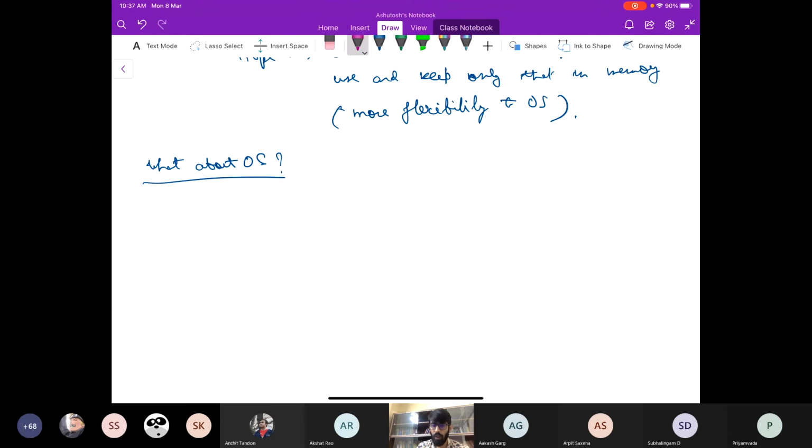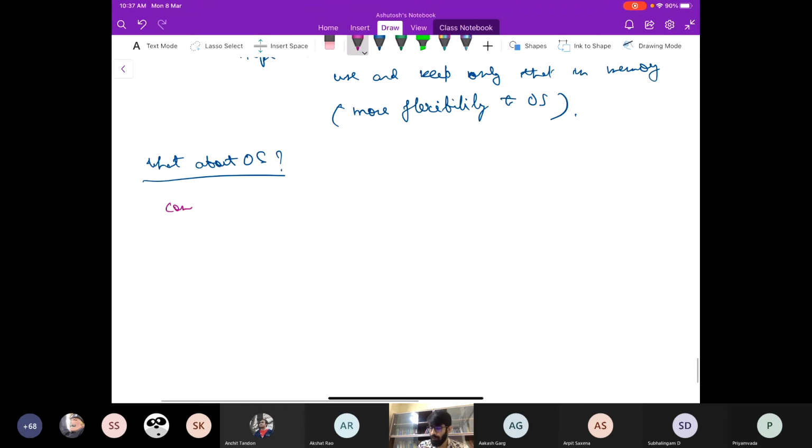So the OS also needs to do more work, for example, in case of context switch. So what will it need to do now? I mean, it's a kind of obvious answer, but still.